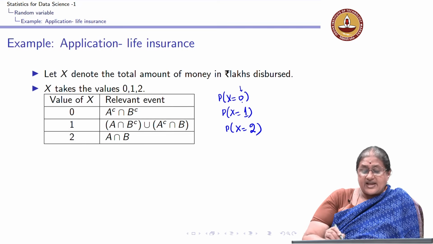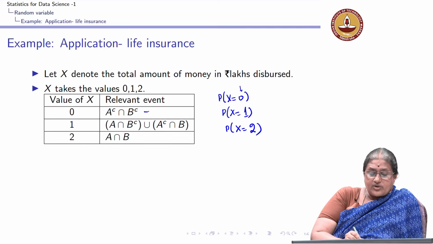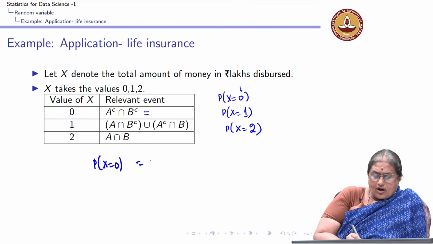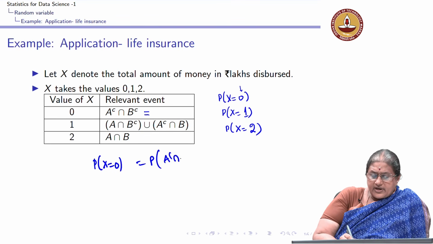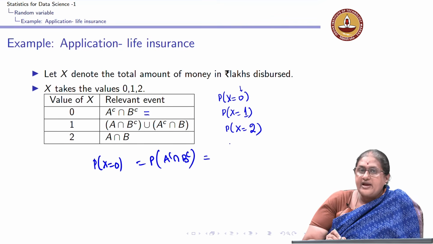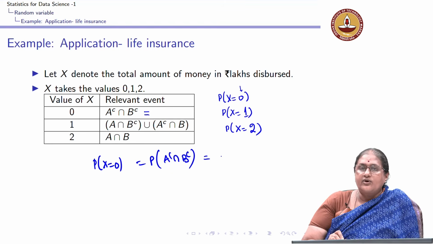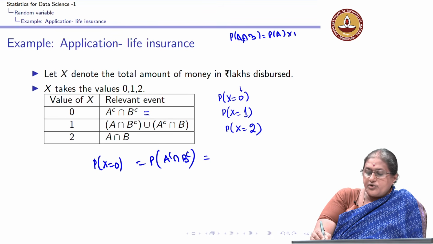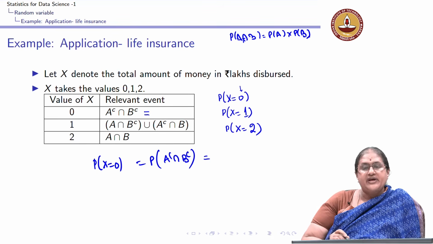So probability X equal to 0 is the same as the probability of A complement intersection B complement. If A and B are independent, A complement is also independent of B complement, and A intersection B is probability of A into probability of B. This is the multiplication rule.